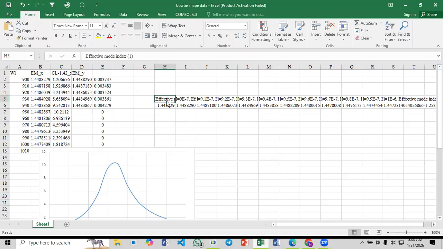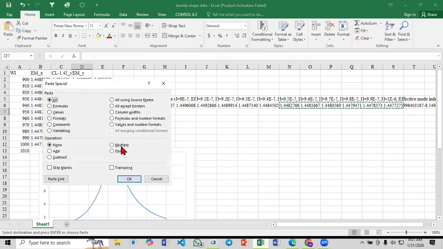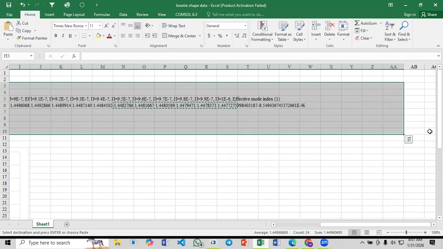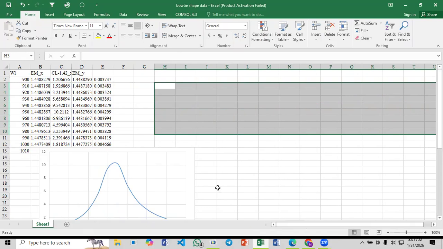So you can just replace it from 950 to 1000, copy, and then paste special, then transpose. There you go. You can delete these things.